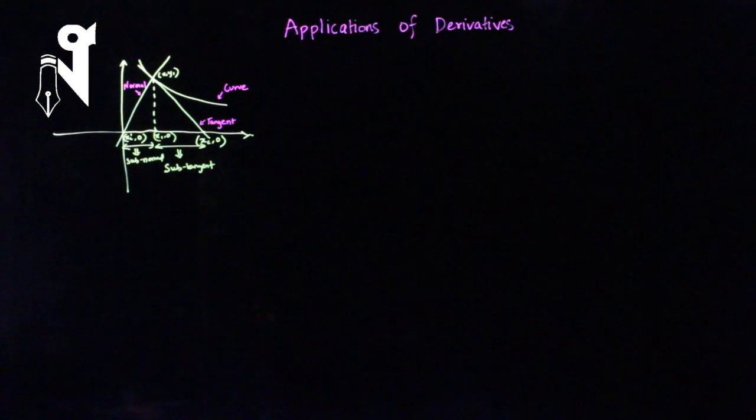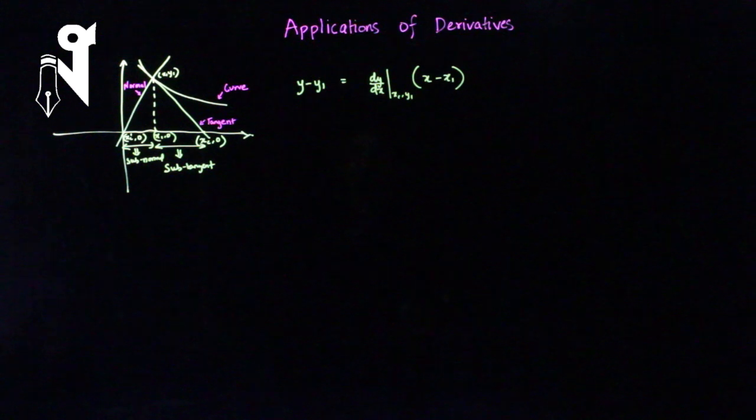Okay, now that we've defined them, let's try to get the length of all 4 of these things. I'll start with deriving the length of the tangent. What is the equation of the tangent? As mentioned before, it is y minus y1 equals dy by dx at x1 comma y1, into x minus x1.